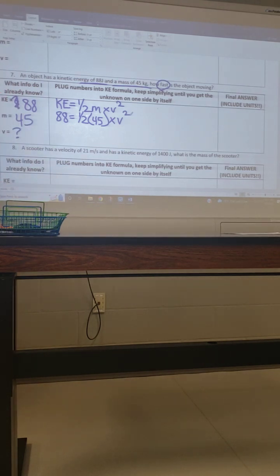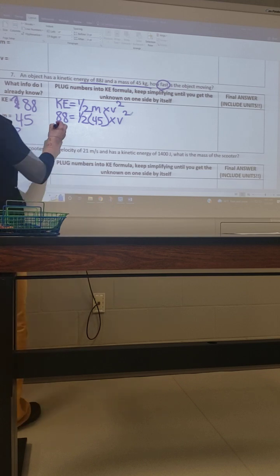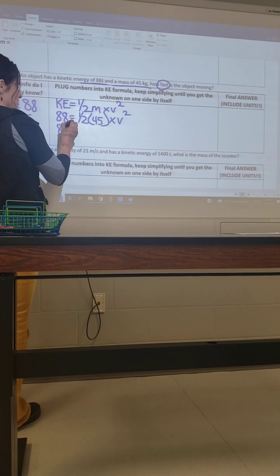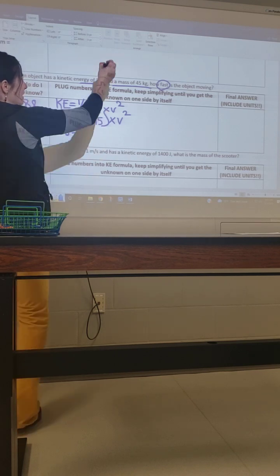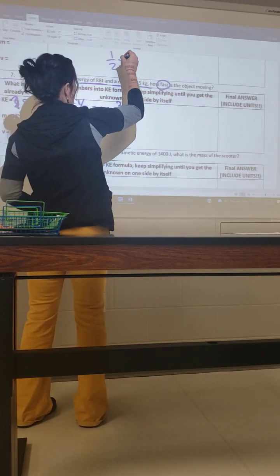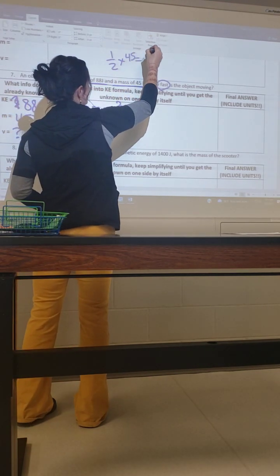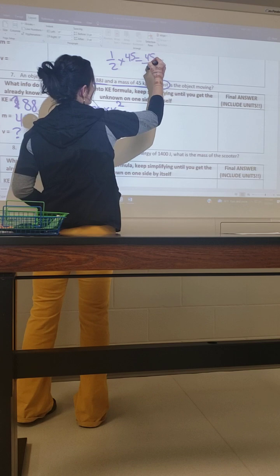Just like we did on number 5, we are going to simplify what we know. I'm going to bring down what I can't do anything with, which is the 88 equals, but 1/2 of 45, I can find that. 1/2 of 45, we get 45 over 2.